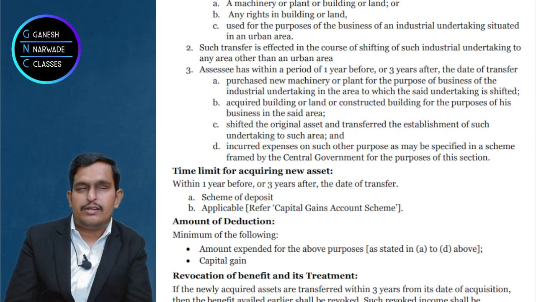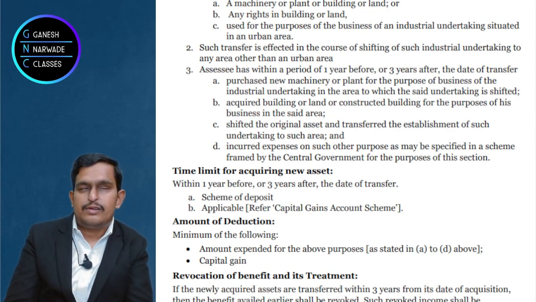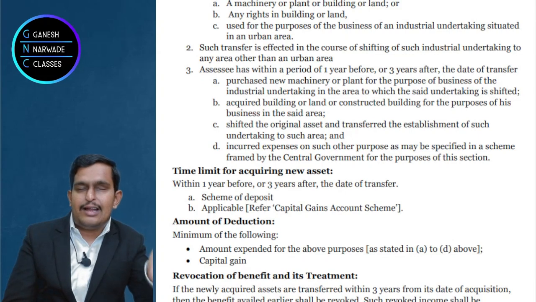No problem. But if you sell within 3 years, right, you transferred the undertaking in urban area to rural area, right?